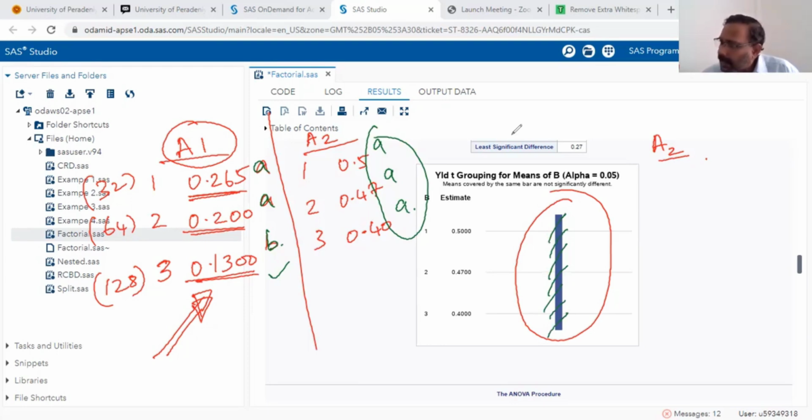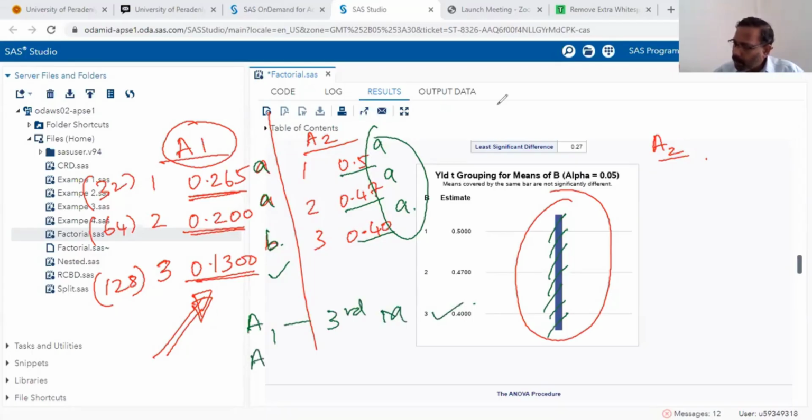Yes, all are the same. So here, even though you have slight differences in the seconds, you cannot say statistically they are different. Statistically, they are the same. Is it clear? So my conclusion is in the A1 programming, the third memory is better. In the A2 programming, all are the same.